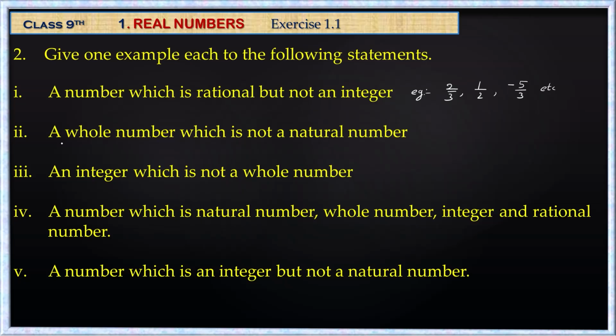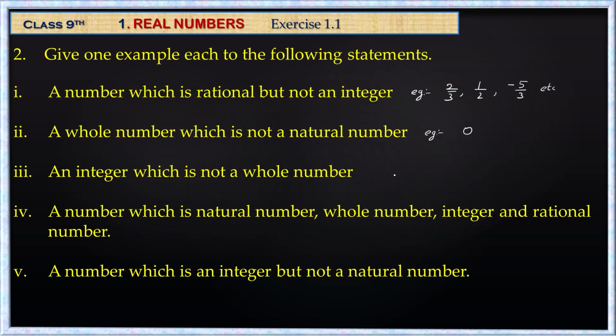Now the second one is a whole number which is not a natural number. There is one and only one number, the whole number 0, which is not in the natural number set. And third question, an integer which is not a whole number.